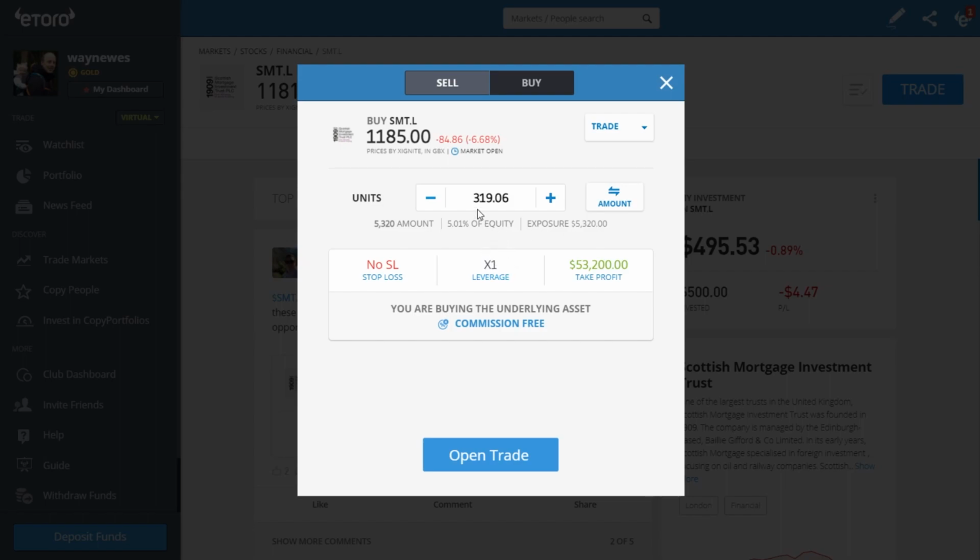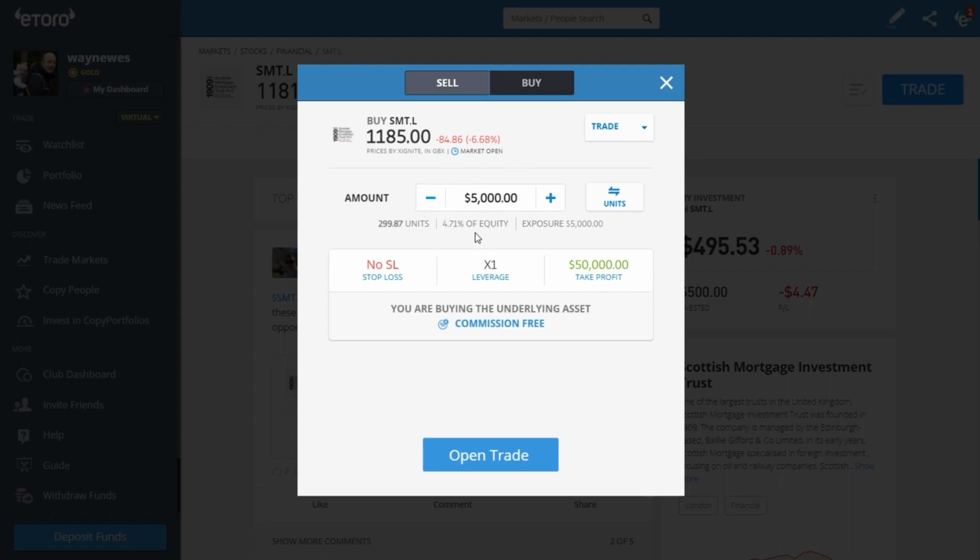We'll go to a dollar stock in a minute to make it a little bit easier to understand with direct numbers and units. Again, personally, I don't actually bother using units because I don't see that it makes any sense. I'm always focused on the amount of money that I'm using. So for example, I might be buying $5,000 worth of this stock.